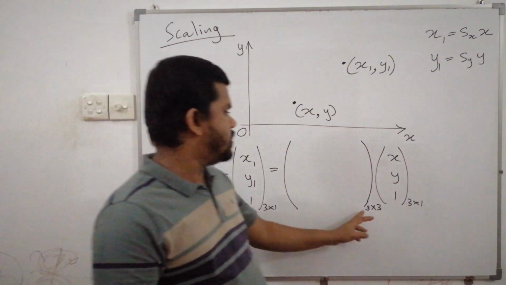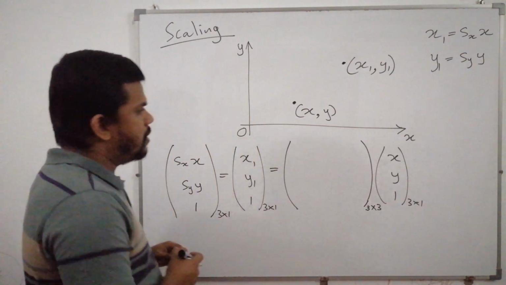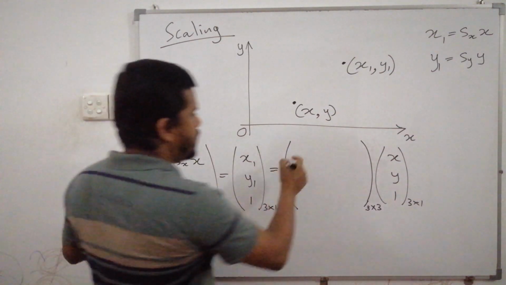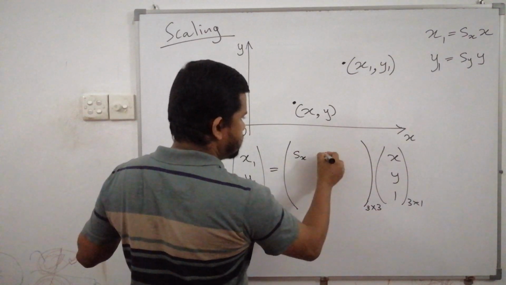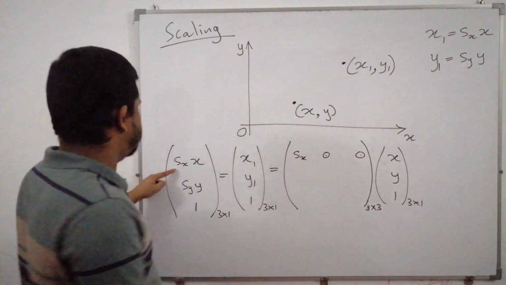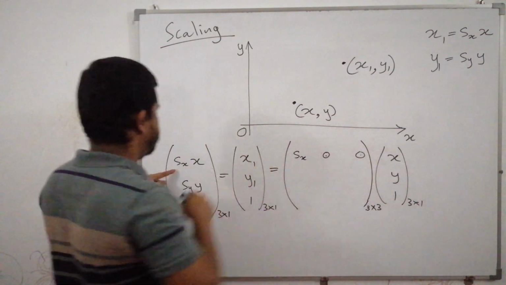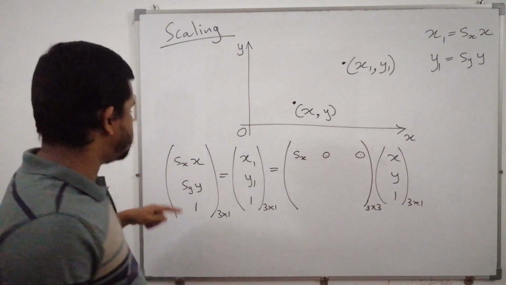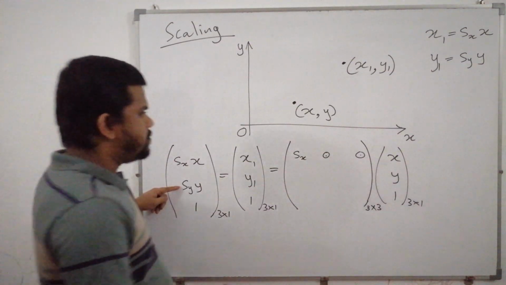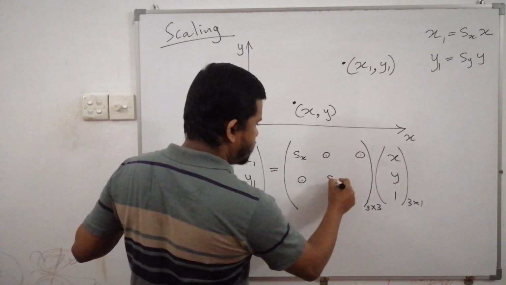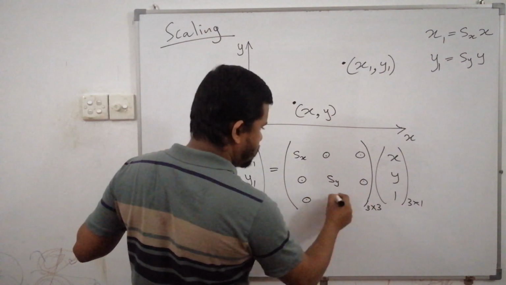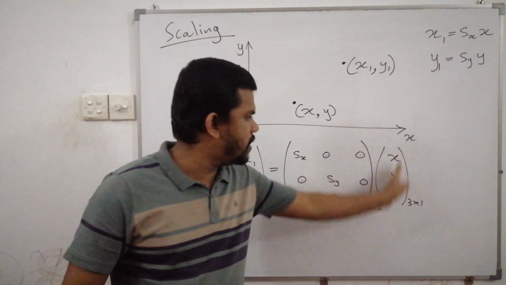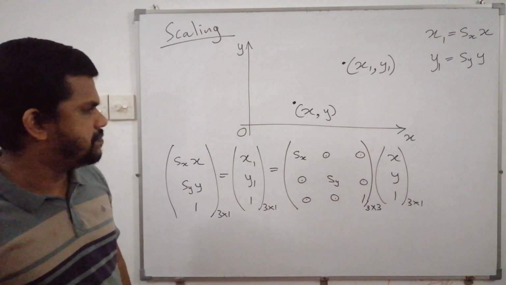Now this is the 3 cross 3 matrix, and in order to get this term sx into x, we put sx 0 0. In order to get this, 0 sy 0, 0 0 1, we get this one by the last row multiplying this column.